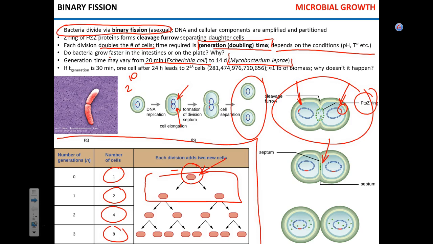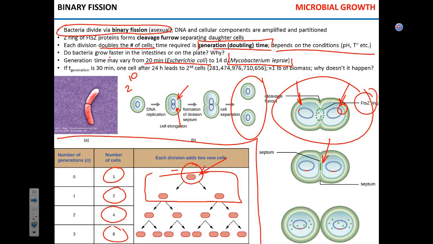Now, my question for you is very simple. If you take, for example, E. coli, a typical bacteria that can live in the human gastrointestinal tract, and compare the generation or doubling time of that bacteria in the lab and in the GI tract, in which conditions, in the lab or in the colon, will this bacteria grow faster?